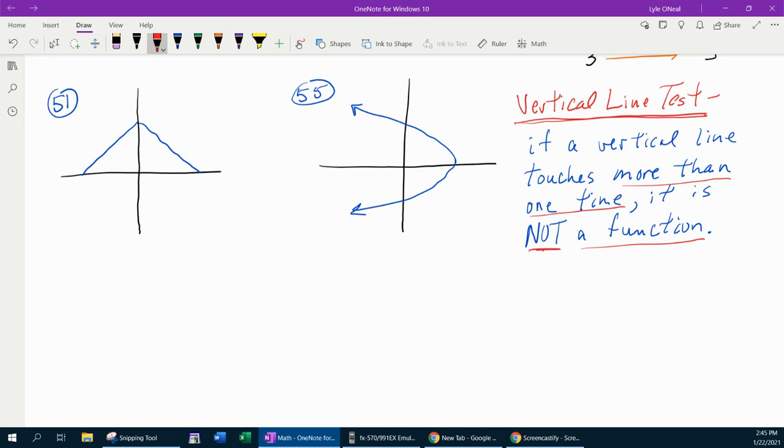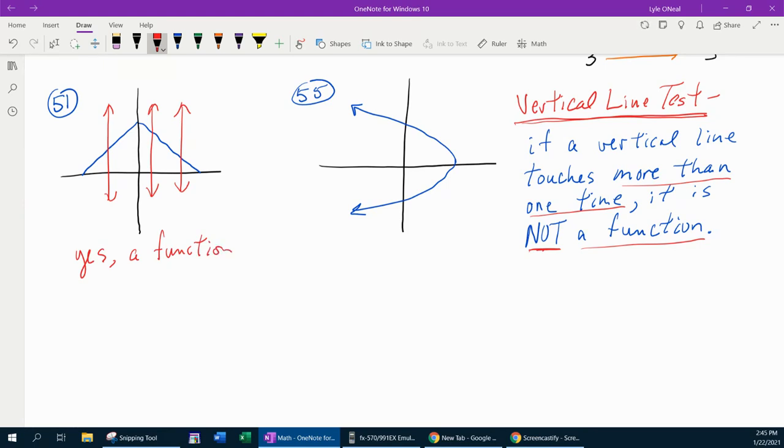So if we look at number 51 and we consider vertical lines, is there anywhere that I could draw a vertical line that would touch the blue graph more than one time? And that answer is no, so the actual answer is yes. No means yes. If no vertical line touches more than one time, then yes, it is a function.